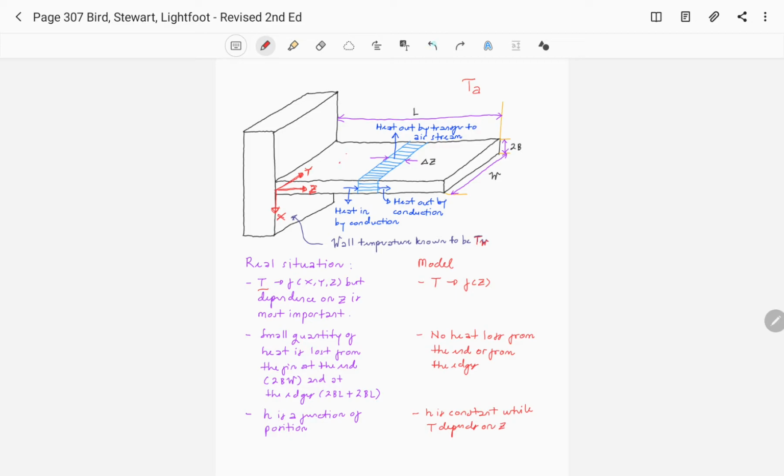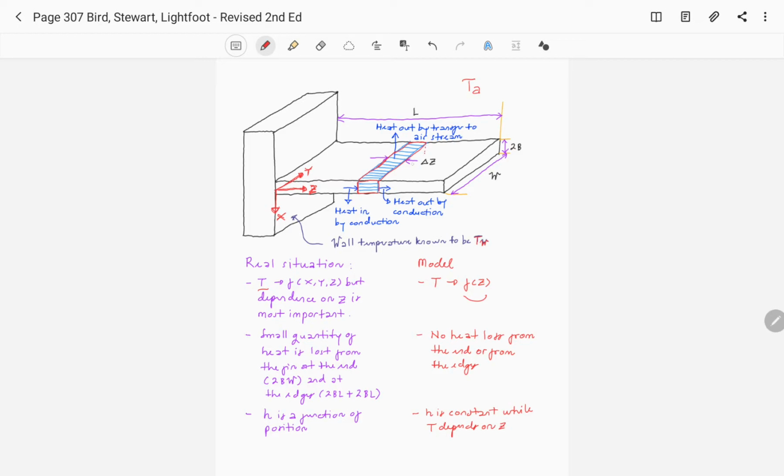But in our idealized model here, we only assume that the temperature is only a function of Z. In saying that, all the temperatures in this particular shell element will have temperature of T.